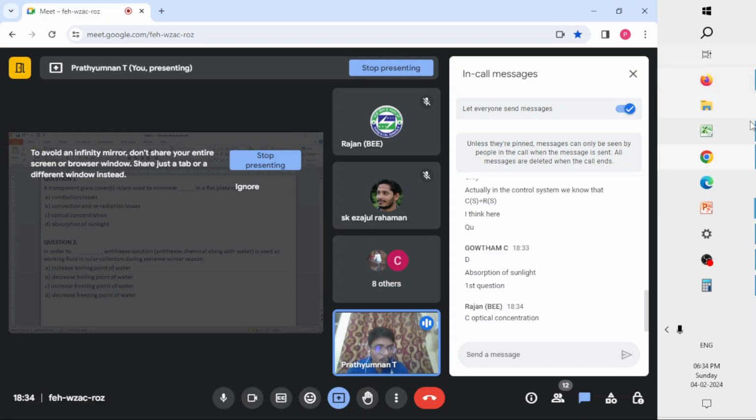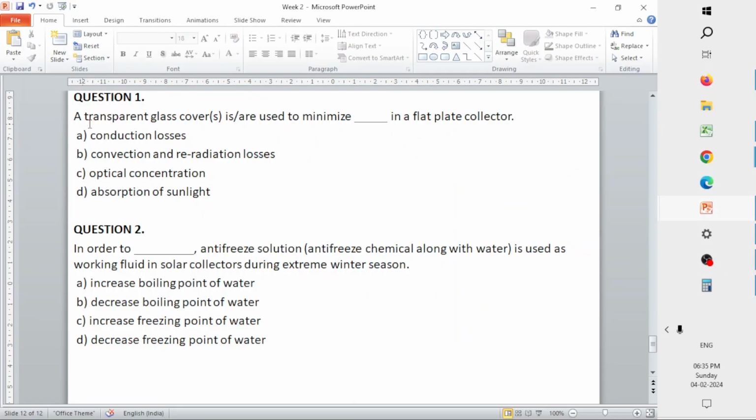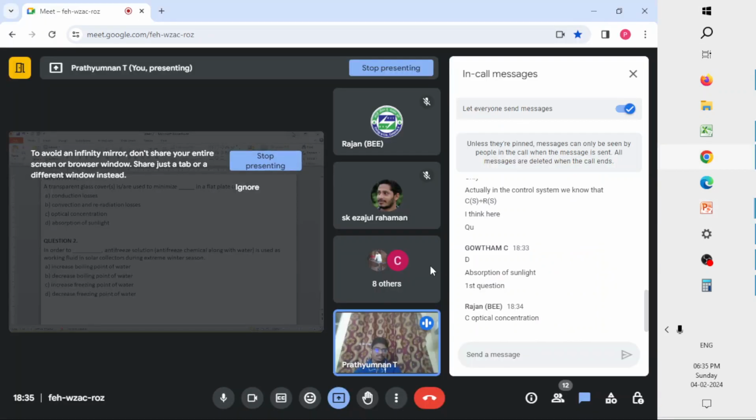Again, the question says a transparent cover is used to minimize what? If we minimize the optical concentration, then the amount of sunlight that we are receiving will be less, so we won't be able to harness the energy. So the amount of sunlight that we will be using for our heating purpose will become less.